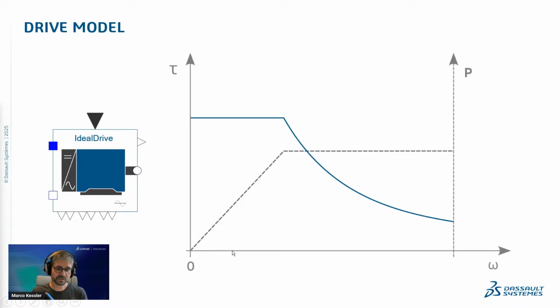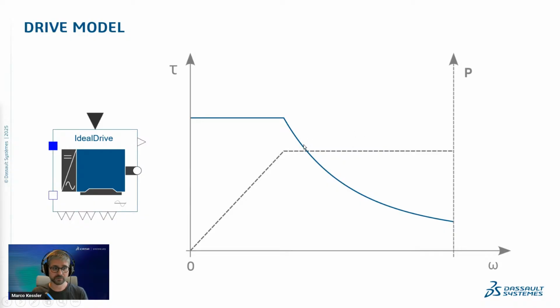When you increase the speed, we cannot request more torque than this maximum torque value gives us. But at one point, we reach the power limit, because when we increase the speed, power will also increase linearly due to the constant torque value. When we have this point, to get a higher speed value, due to the power limit, we have to reduce the torque. And now we have a block which tries to implement this behavior.